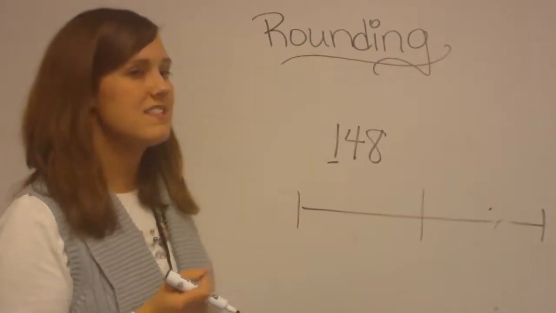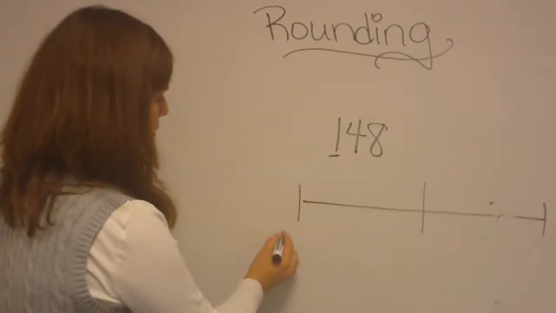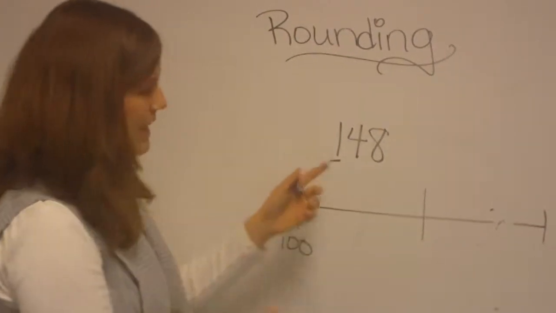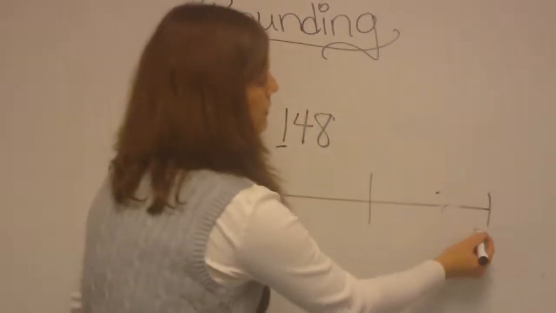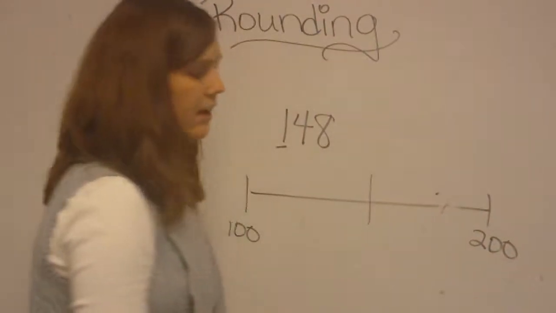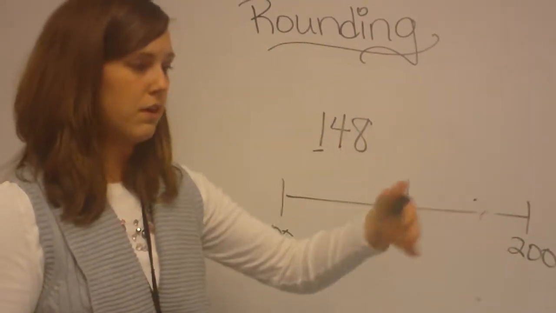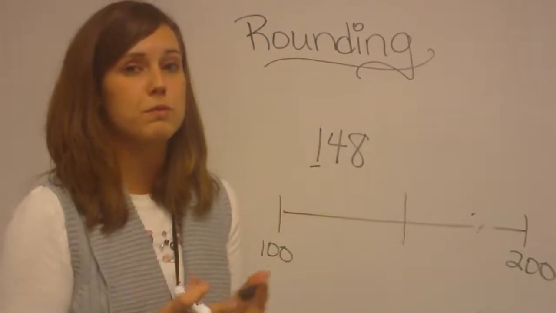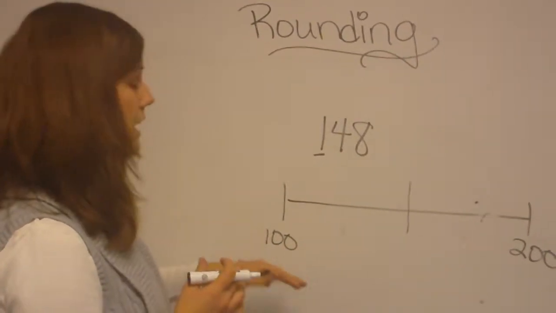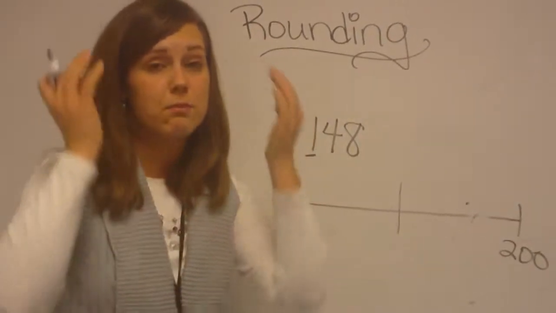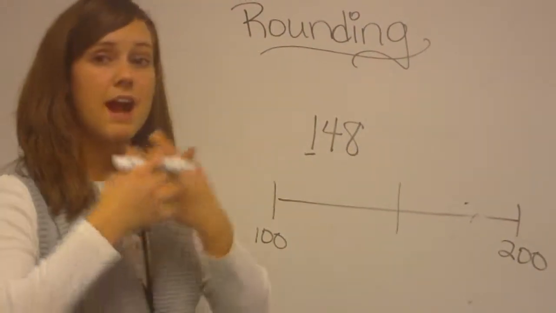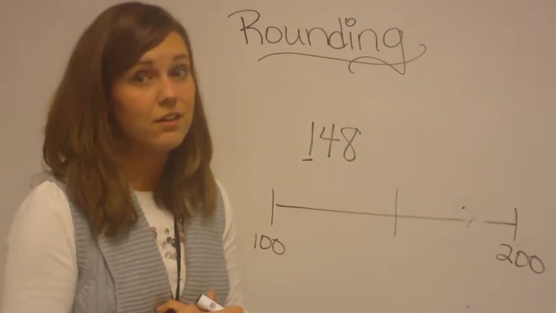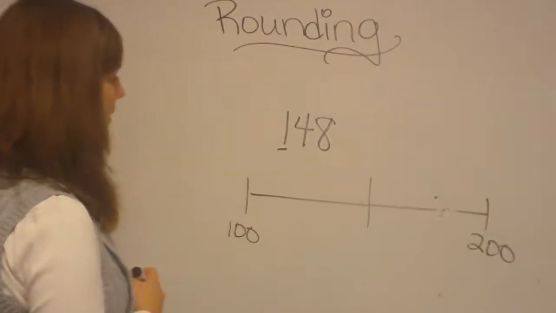Well, 148 could be close to 100, but the next group of 100 would be 200. I know 100, 200, 300, 400, those are all groups of 100. 10, 20, 30, 40, those are all groups of 10. Those are rounded numbers that are easy for me to work with in my head when I'm out and about and I don't have a calculator or a pencil or pen to use.